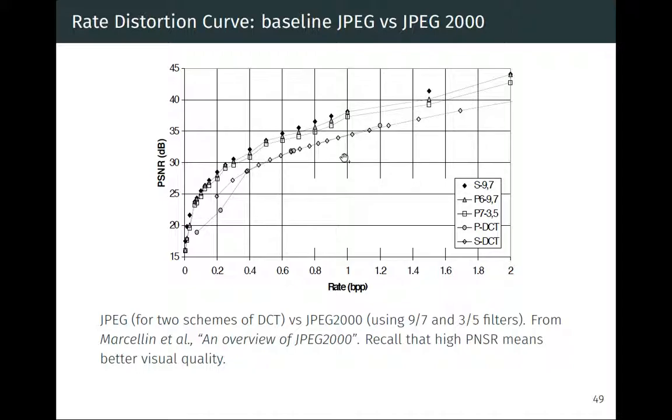So clearly, at any given compression rate, the DCT offers a lower PSNR than JPEG 2000. So it means that JPEG 2000 is actually better than JPEG at any compression rate. All right, so that's kind of it.